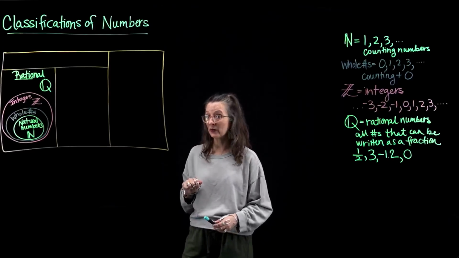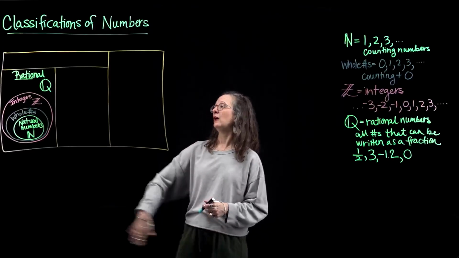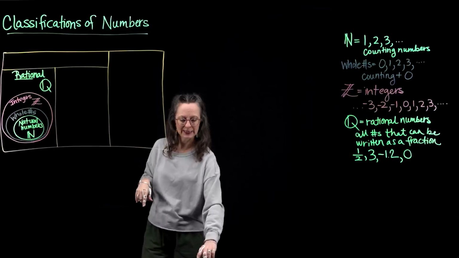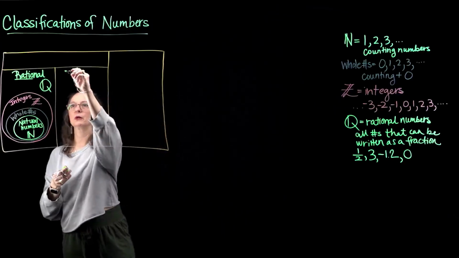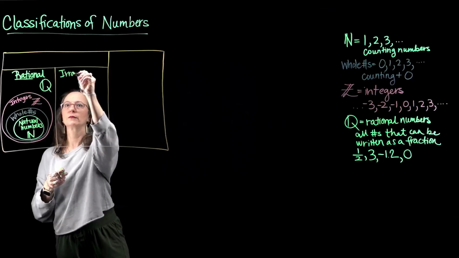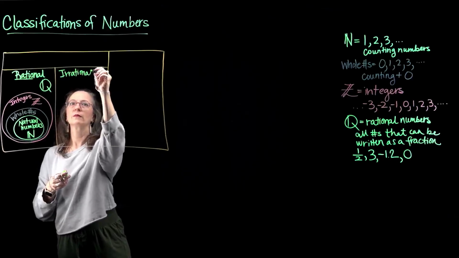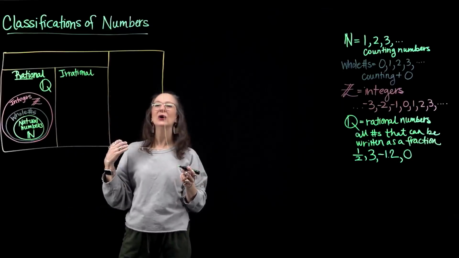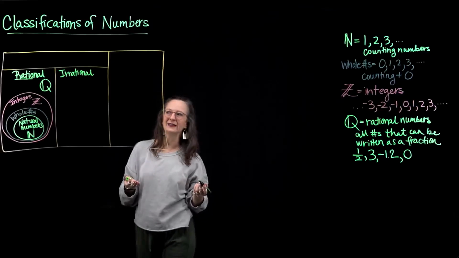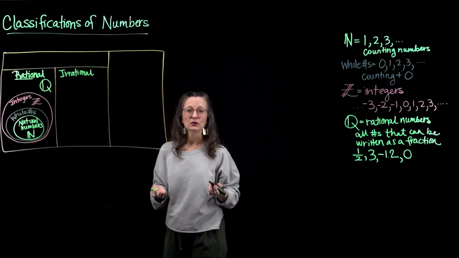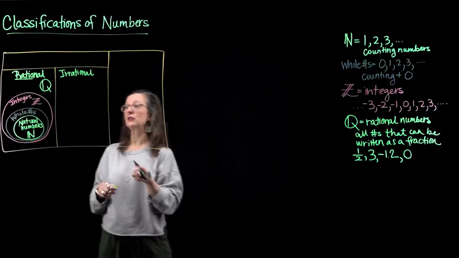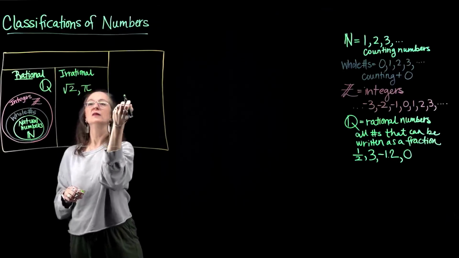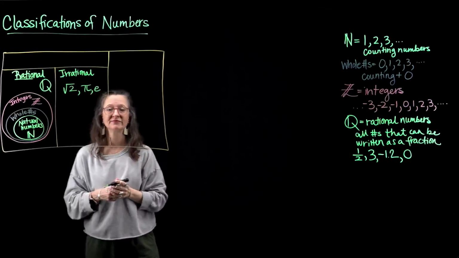Now we're going to get into the weird ones where we can't. Now, if a number is not rational, its counterpart is the irrational numbers. All right, the irrational numbers are numbers that cannot be written as a fraction. So these are numbers like square root of 2, pi, e.